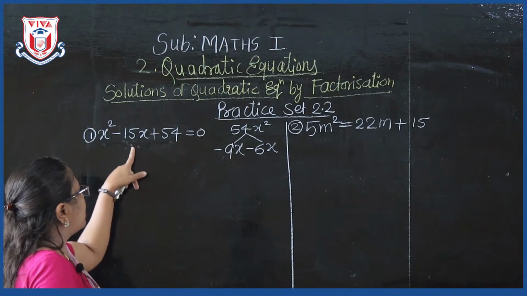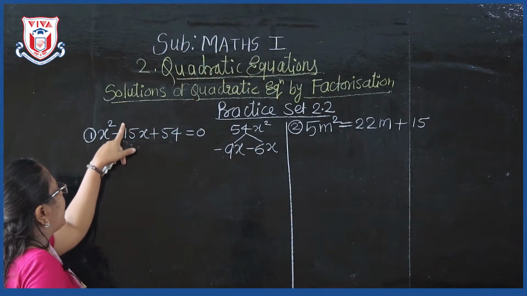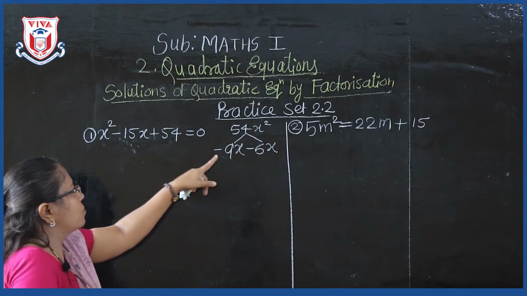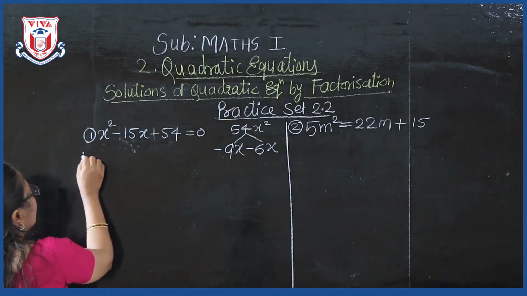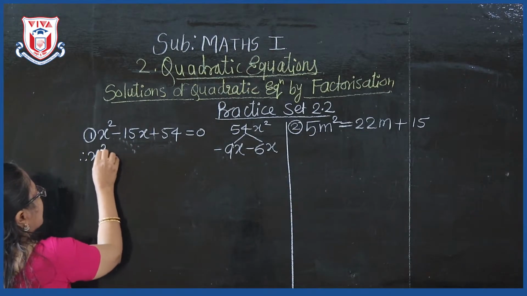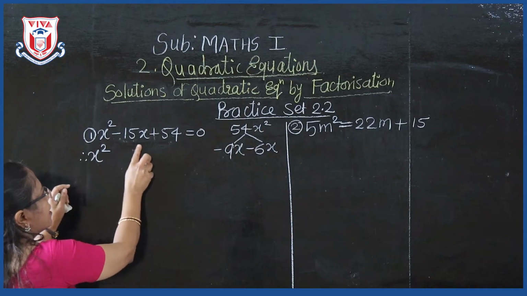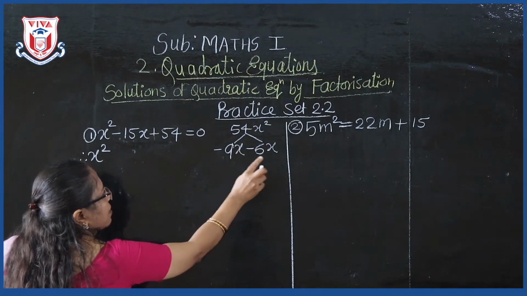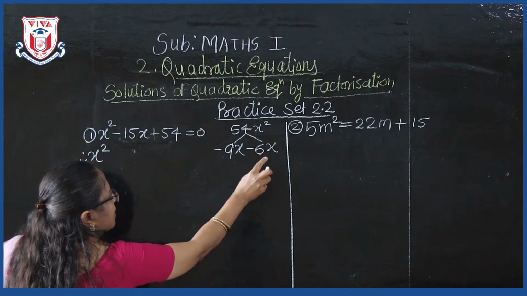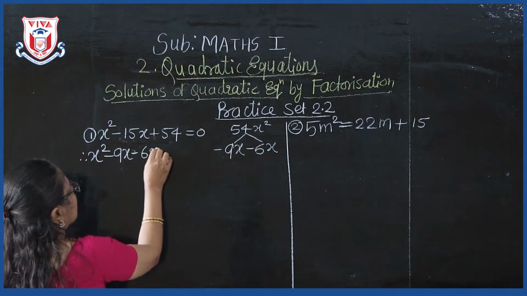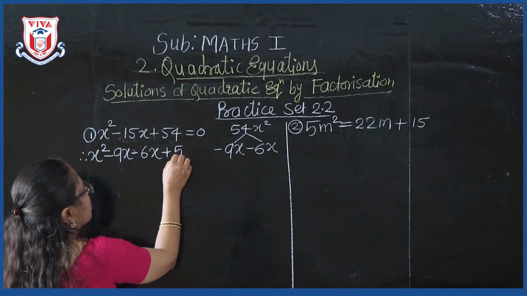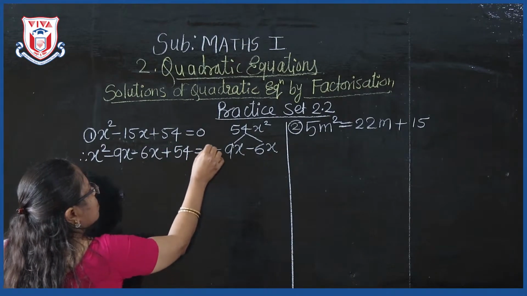So your first step is to split this middle term using these two factors. So first step is x square, now instead of minus 15x, we will use these factors, minus 9x minus 6x, plus 54 equal to 0.